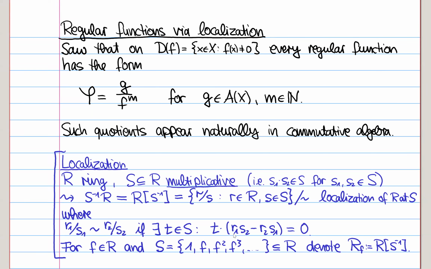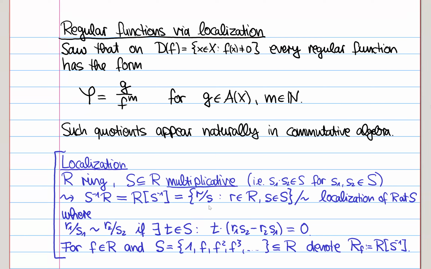But if R is not a domain, then there's this extra twist that maybe this isn't 0, but if you multiply by something in the set S, then it becomes 0. So this is the equivalence relation. You can check it has the usual properties of an equivalence relation, and the usual addition and multiplication of fractions gives this a ring structure.